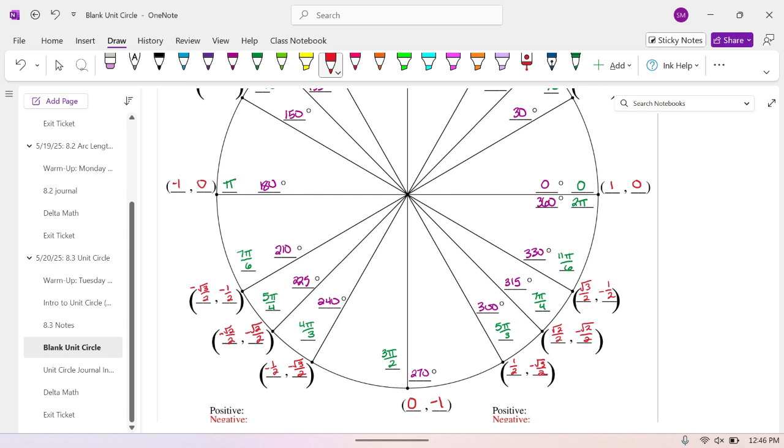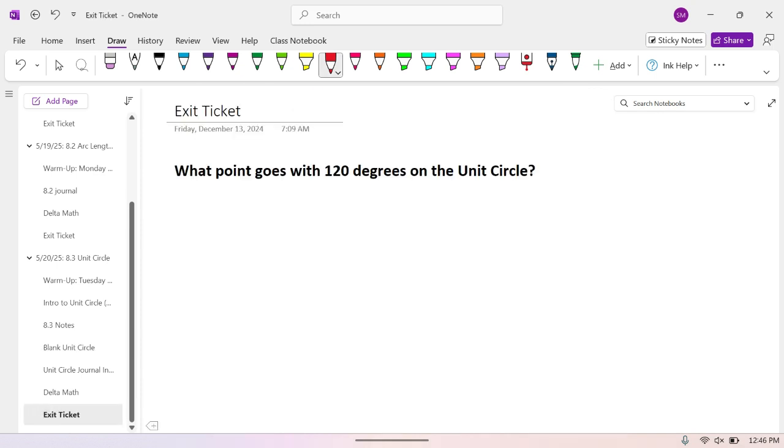Here's what I want you to do. There is a Delta Math on this. You have a little bit of time before the bell rings. Hold on to that, but there's a backside to it. Fill out another unit circle, just for the heck of it.